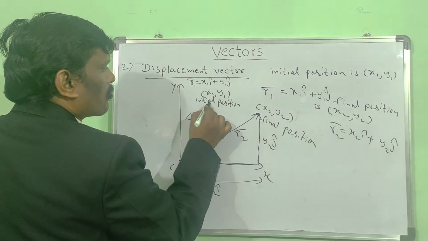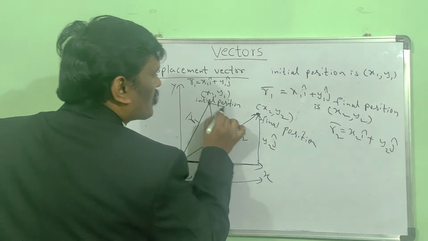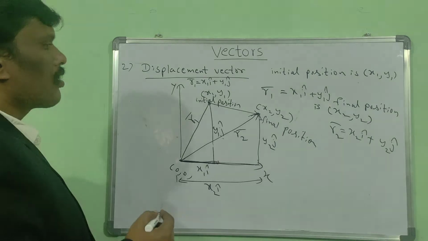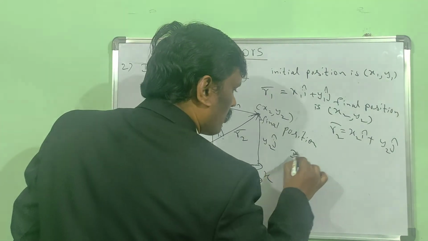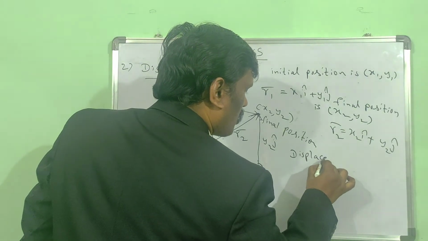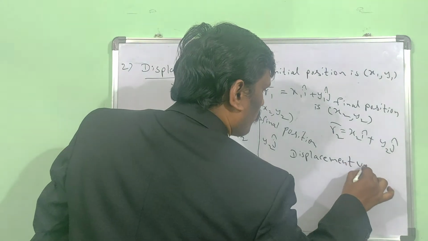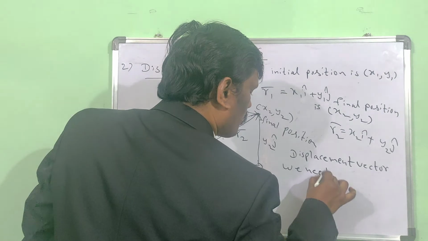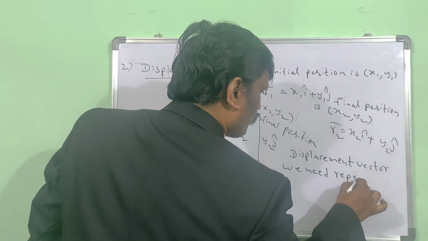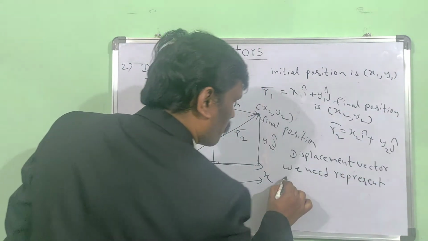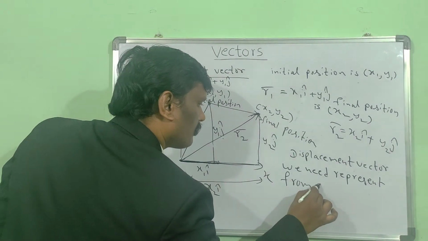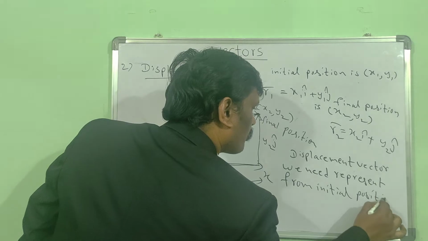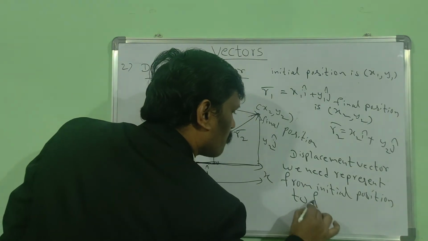Now this is the initial position, this is the final position. Then this is called displacement vector. Displacement vector is always from initial position to final position.